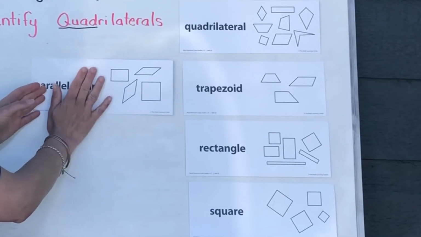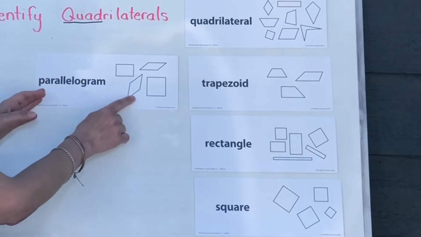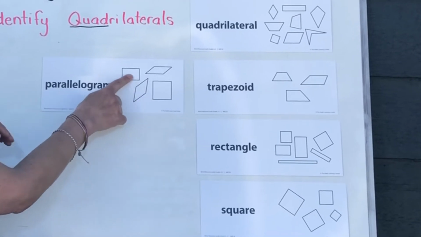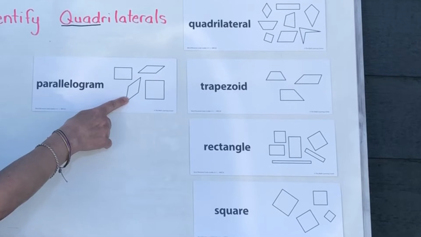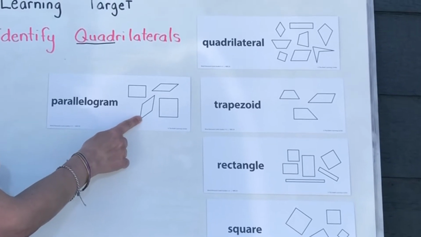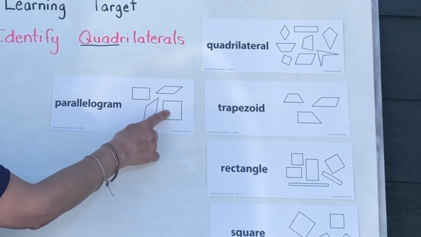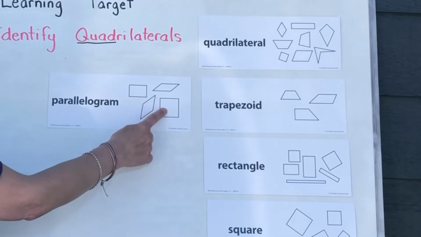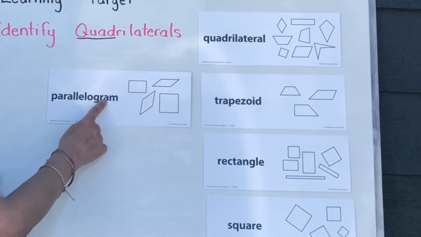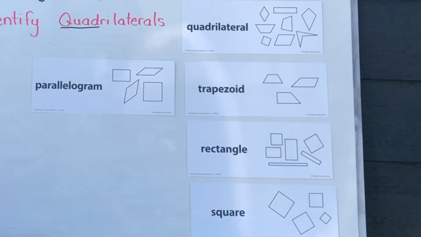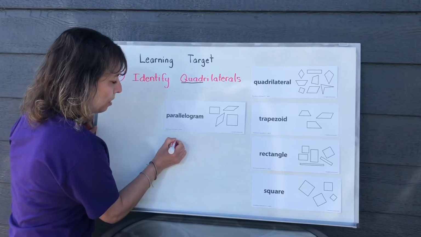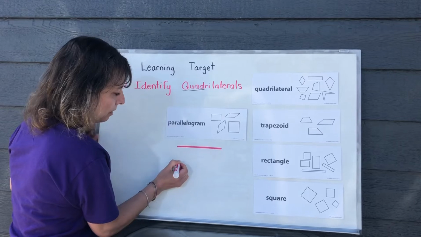Now, parallelogram, let's take a look, because I see a square there, and a rectangle, oh, and a rhombus too. So now you're saying that the square is a rectangle, and it's a quadrilateral, and it's a parallelogram. So parallelogram, what does that mean? So I'm going to draw some parallel lines.